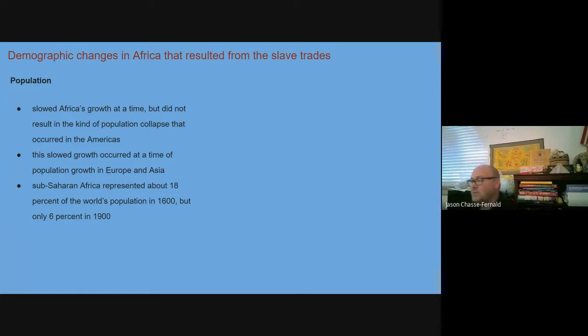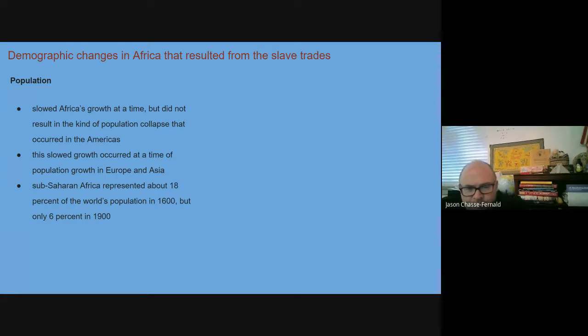And a lot of it has to do with smallpox, but also a whole bunch of other diseases, as well as famine and conflict and chaos. One can only imagine how chaotic it would have been as a result of this. So Africa's growth simply slows or hits a plateau from 1600 up until 1900.